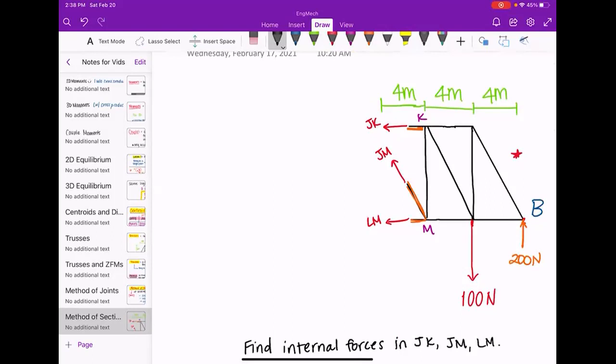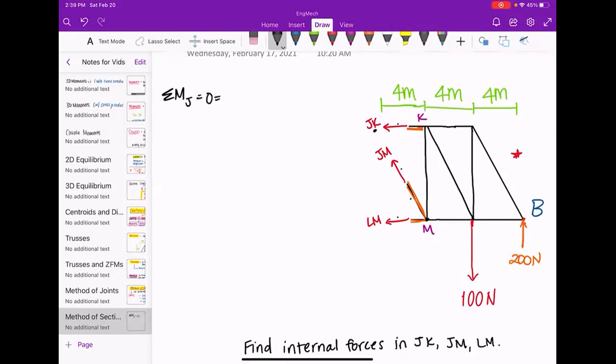So if you look at it, there's a common point right here at J because both of these forces go to J. There's also a common point at M because both of these forces go to M. So I could take the moment about J or M. I'm going to start with the moment about J, just because that's the one I saw first.